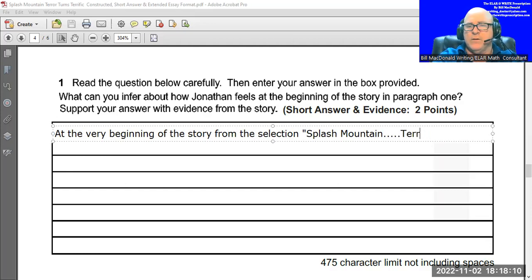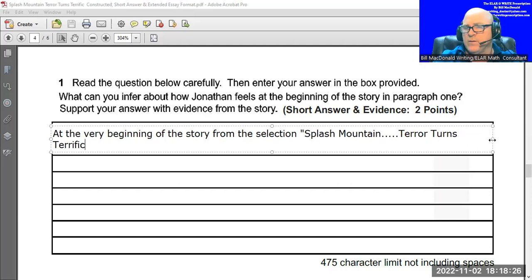Terror turns terrific. Let's see if I can space just a little bit more here. Oh, Jonathan, up there, to spell Jonathan correct. Make sure kids do that, that they don't misspell words that are right there in front of them.